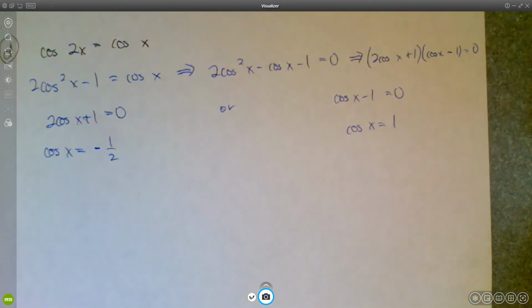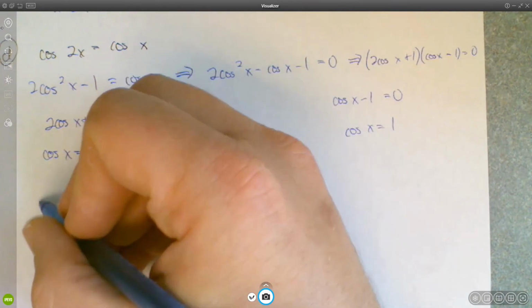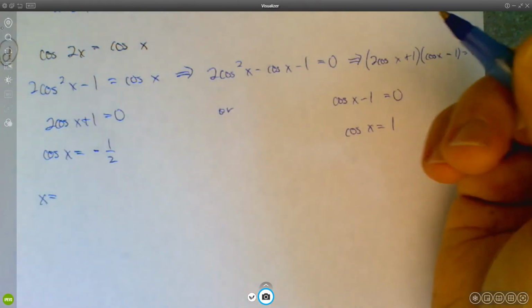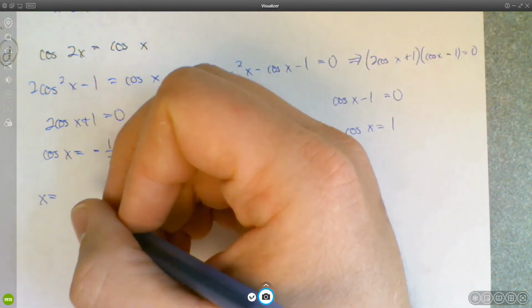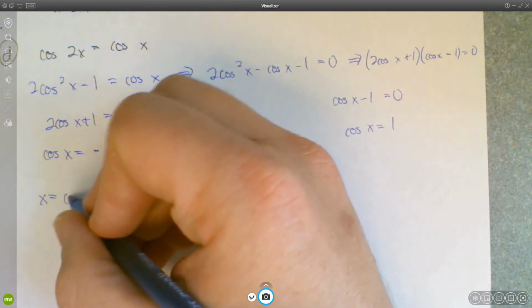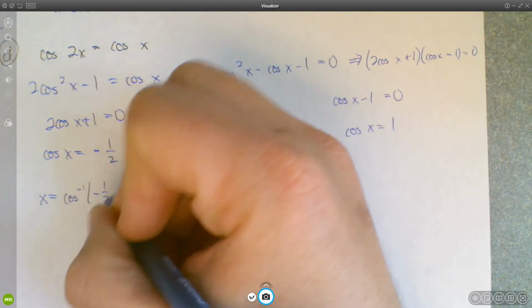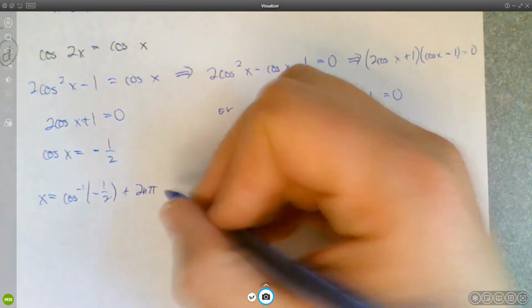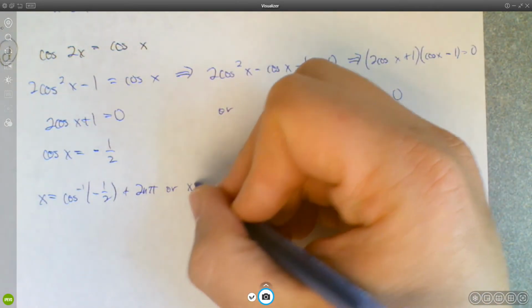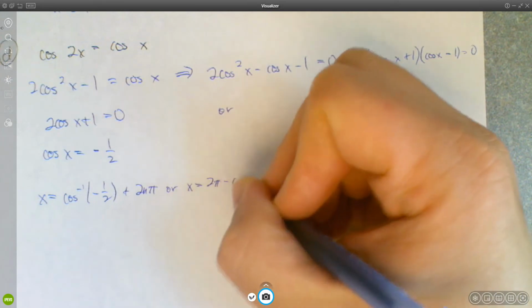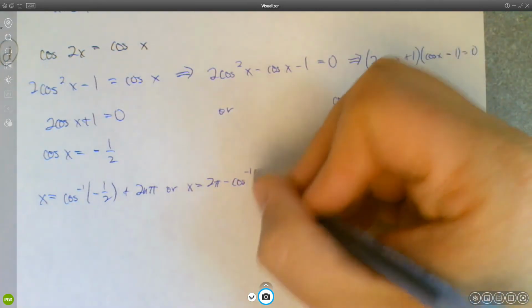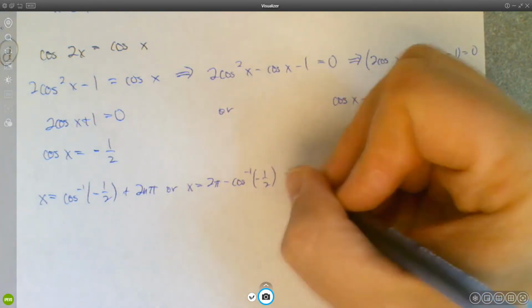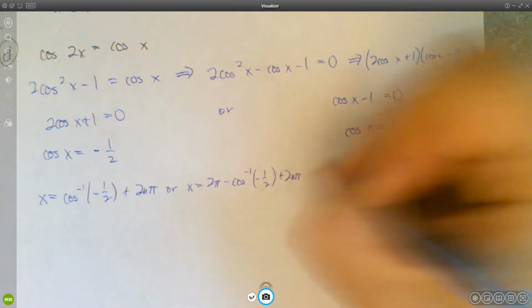And then we apply our handy dandy little rule, right? We're going to say x equals cosine inverse of negative 1/2 plus 2n pi, or x equals 2 pi minus cosine inverse of negative 1/2 plus 2n pi.